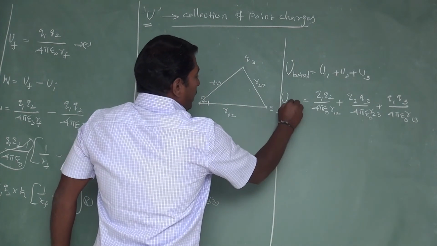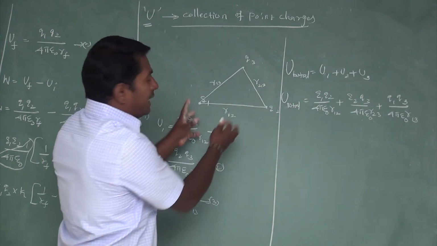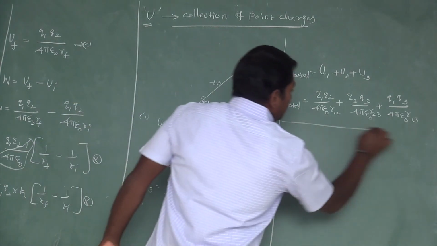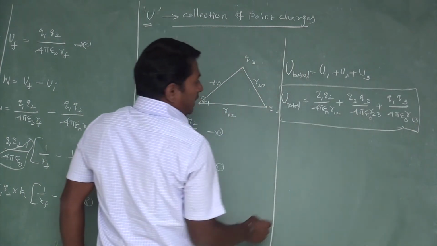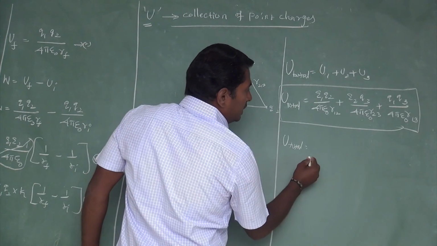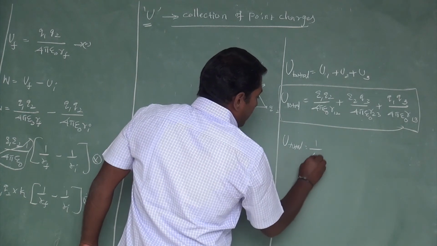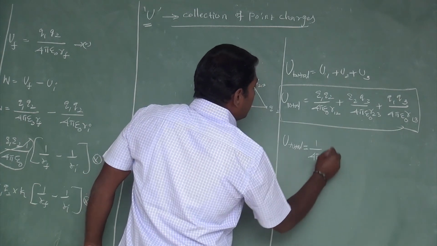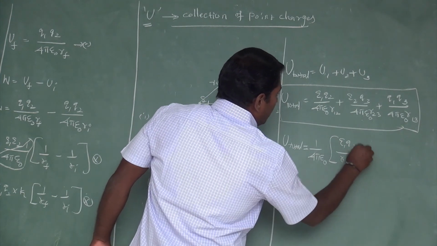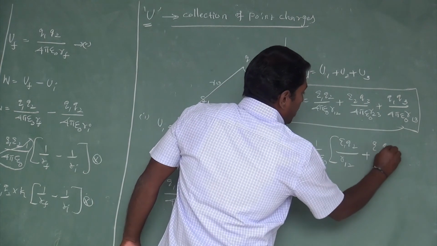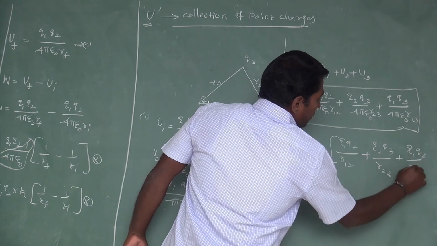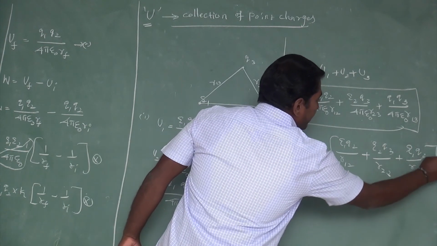This is the final expression of the total electrostatic potential energy of the system of three point charges. U total is equal to, taking the common term 1 divided by 4 pi epsilon naught out, q1 q2 divided by r12 plus q2 q3 divided by r23 plus q1 q3 divided by r13. This is the final expression.